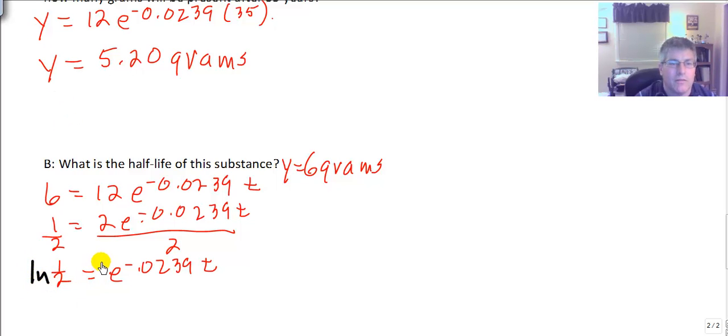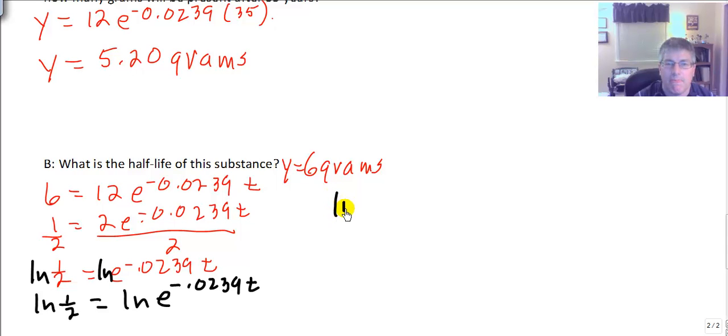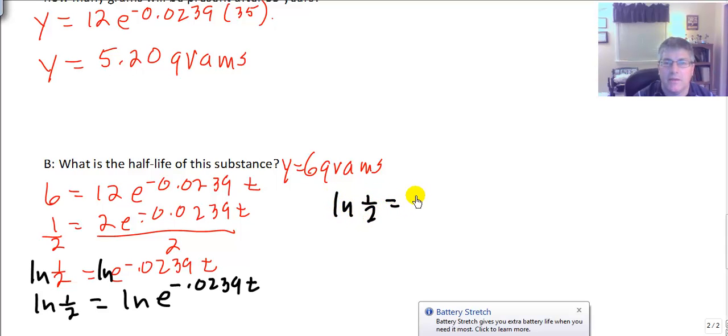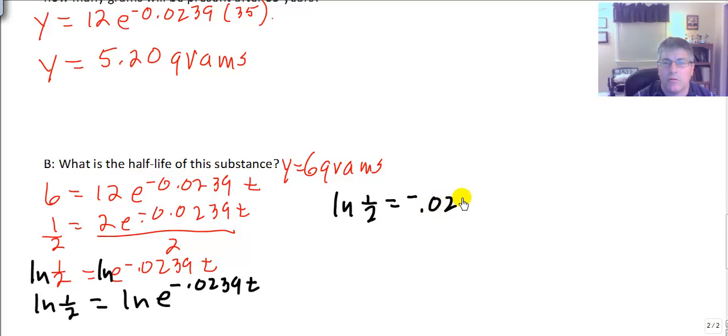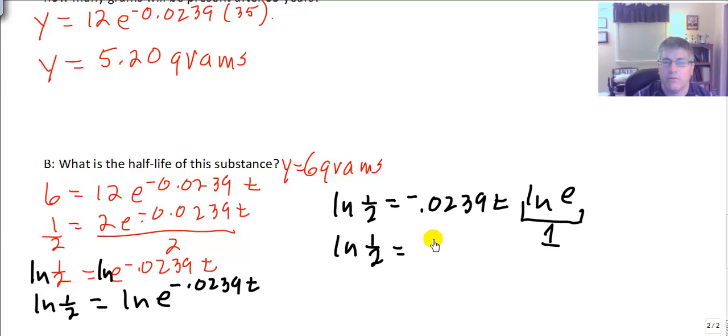So we get the natural log of 1/2 equals the natural log of e all raised to the negative 0.0239t, which is the natural log of 1/2 equals negative 0.0239t times the natural log of e. And hopefully we know the natural log of e is 1. So the natural log of 1/2 equals negative 0.0239t.